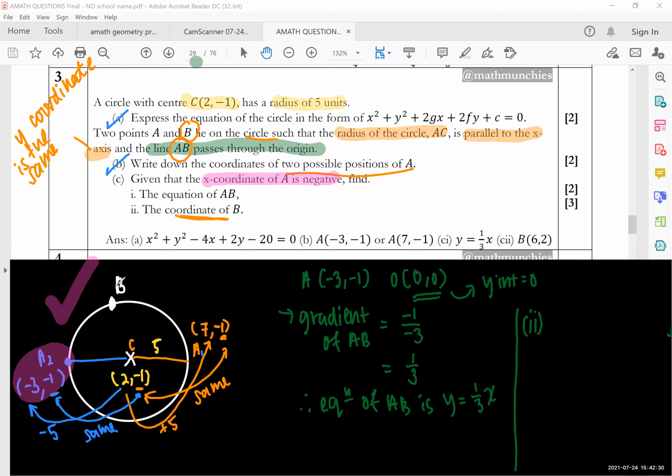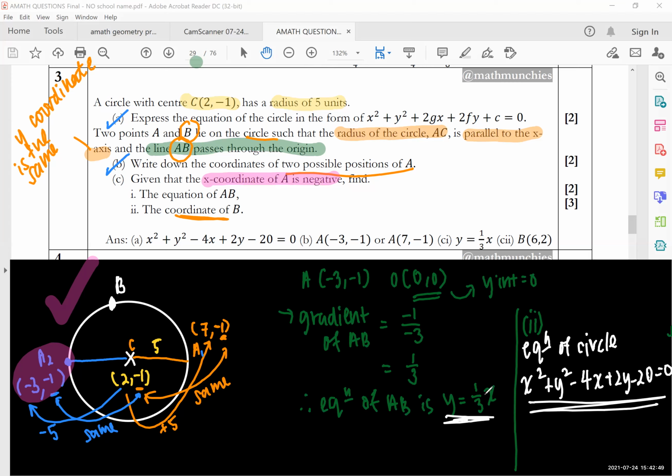What's the equation of the circle? x squared plus y squared minus 4x plus 2y minus 20. And B is also lying on this equation, right? So I can just do simultaneous, or I sub this into this, and then I continue solving, and that is my B.